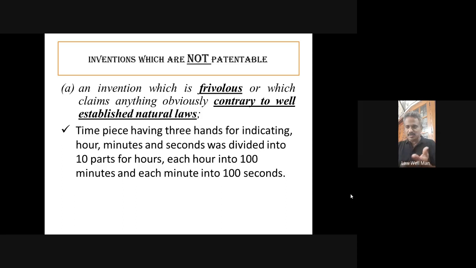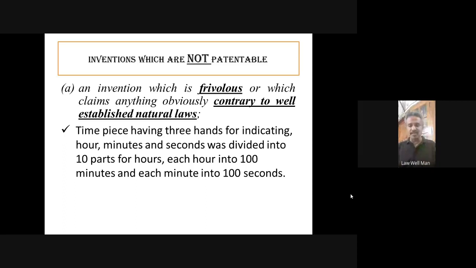I've got some examples here which we discussed. Let's see a very strange kind of clock, which was claimed to be a patentable invention in the 1970s in the Bombay Patent Office. It's a real-life example.